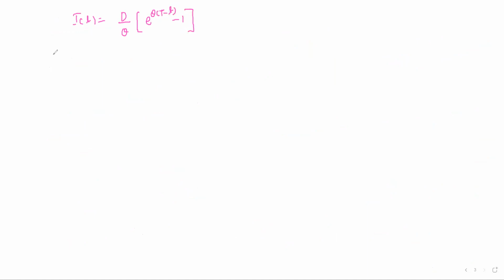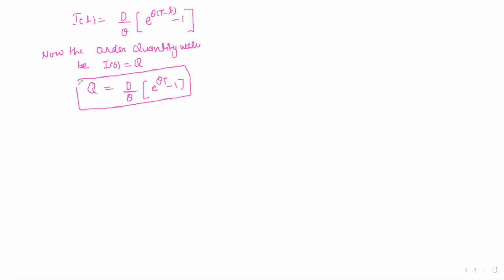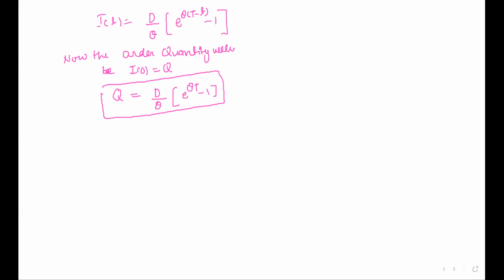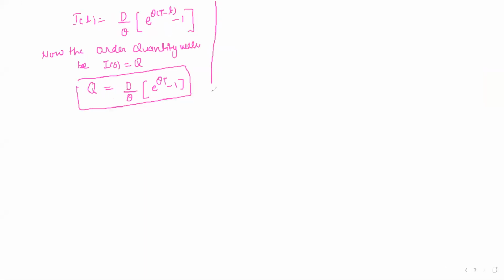So now the order quantity, by using the first boundary condition that I(0) will be Q, it will come Q equals D upon theta times e to the power theta T minus 1. So this is our order quantity. Now there are some inventory costs. So I'm writing here inventory costs.